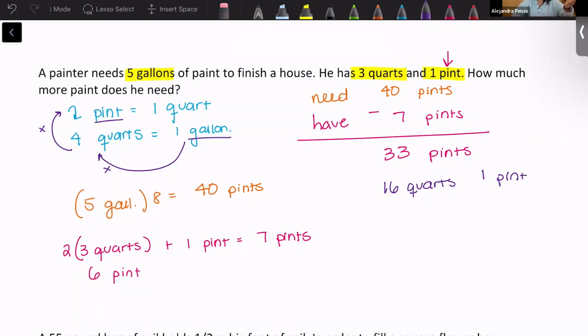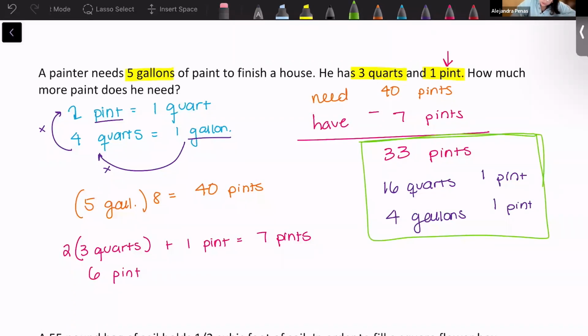Or if you were going to gallons, you would divide this by 8. 33 divided by 8 is the same thing as 32 divided by 8 plus 1. So that would be 4 gallons and 1 pint, because you just have 1 little pint left over. So any of these 3 answers would be perfectly fine.